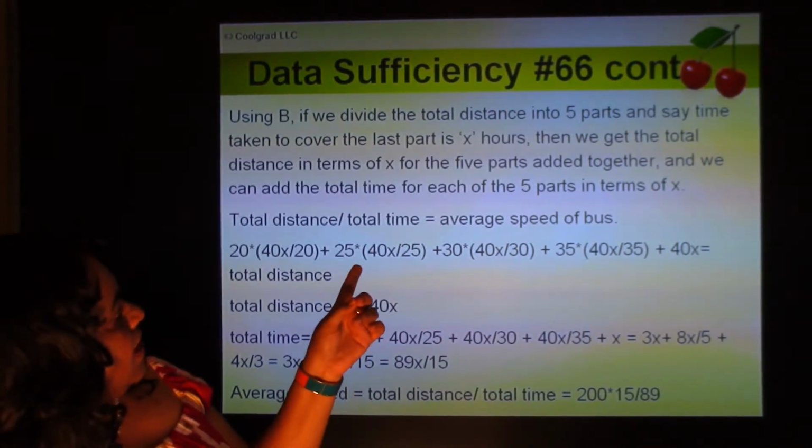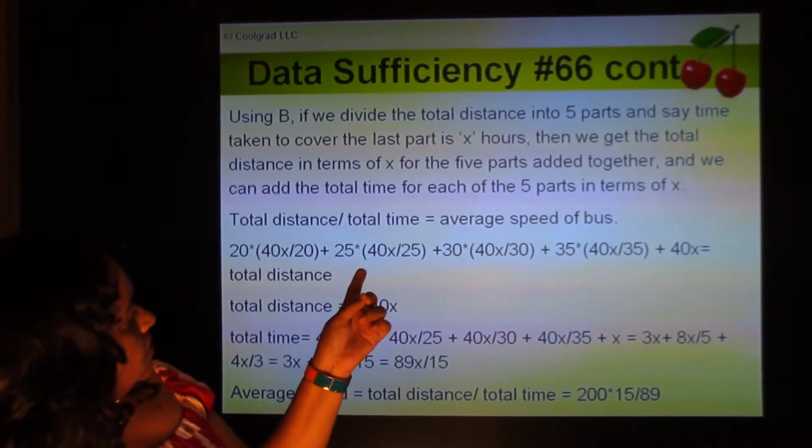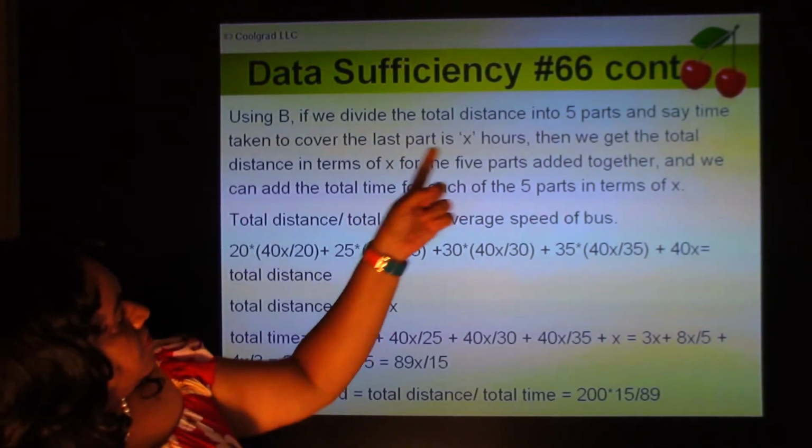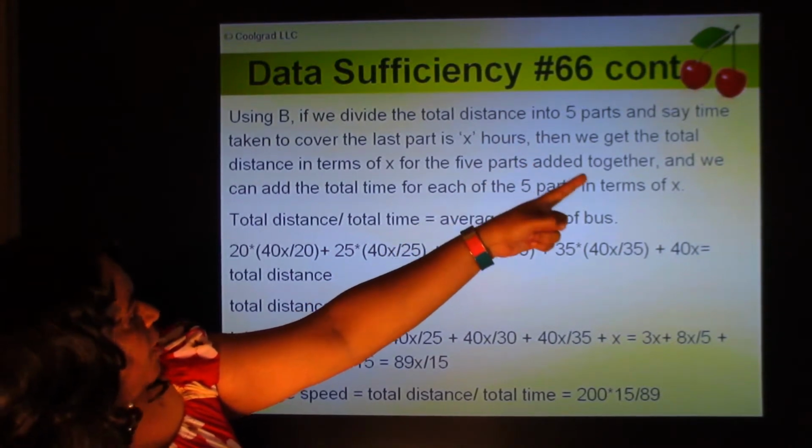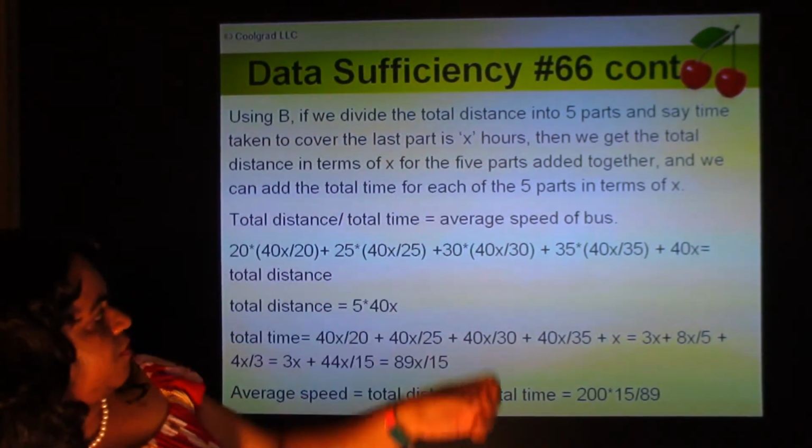Let's say, for example, we divide the distance into 5 parts. The time taken to cover the last part is x hours.